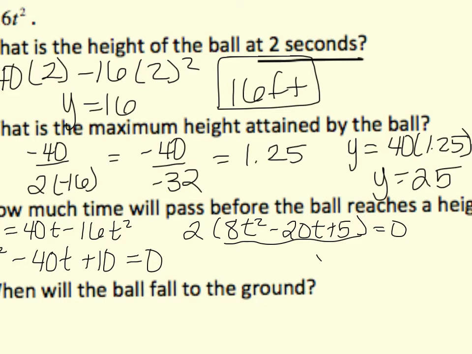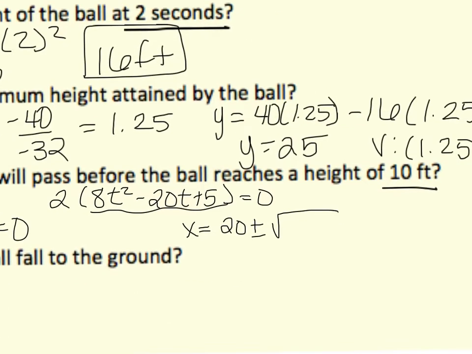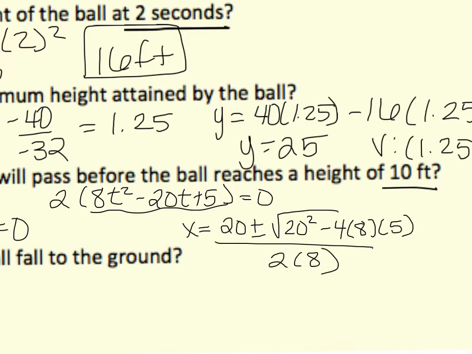So x is going to equal the opposite of b, so 20 plus or minus the square root of 20 squared minus 4 times 8 times 5, all over 2 times 8.